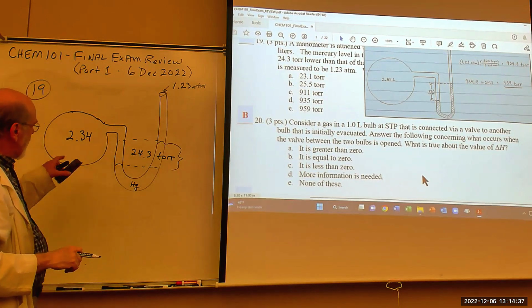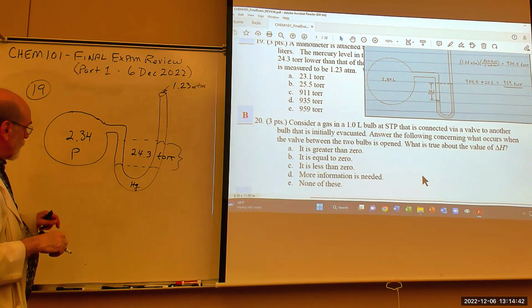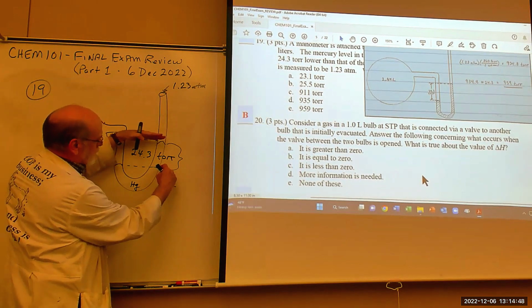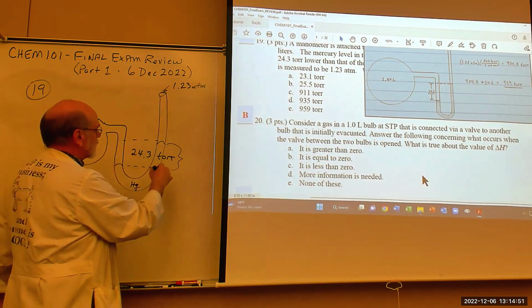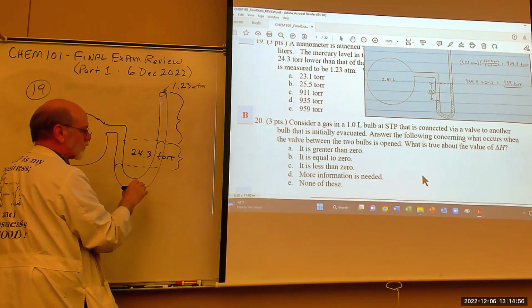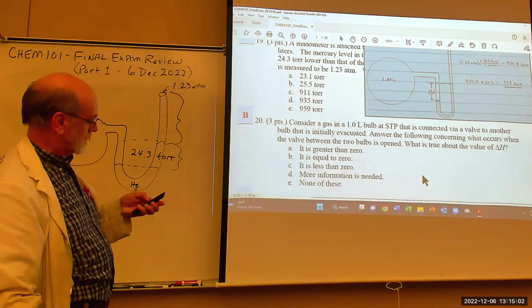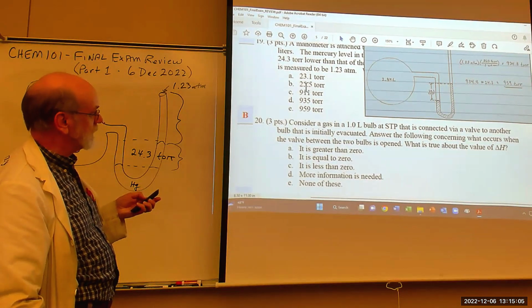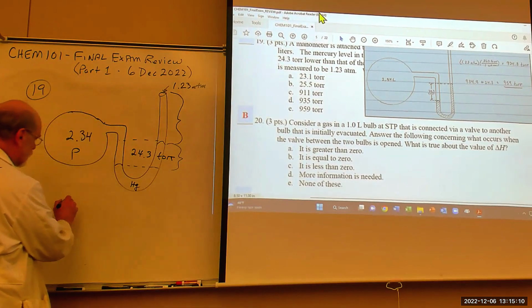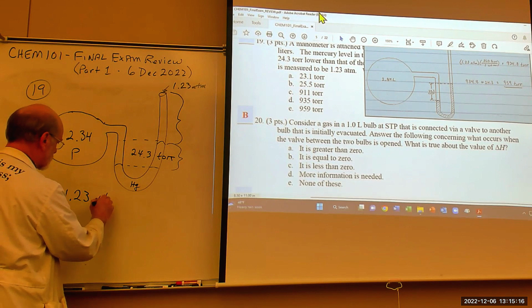What is the actual pressure inside this vessel? What is the pressure of that gas? Well, notice that you've got pressure bearing down on this side, plus you've got this much pressure from the mercury. So you need to add both of these together. The answer is in torr, so we don't have to change the 24.3 torr. What we do have to change is the 1.23 atmospheres.